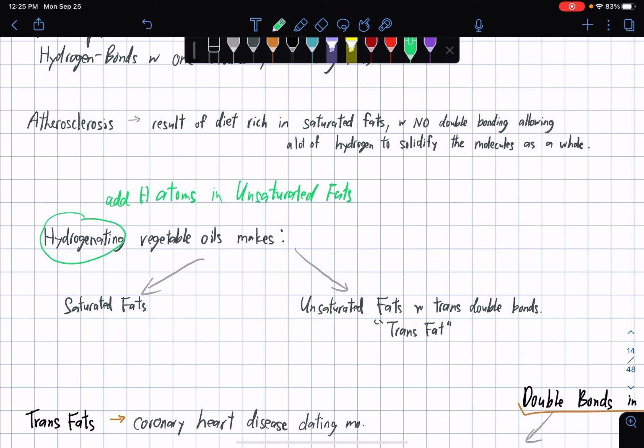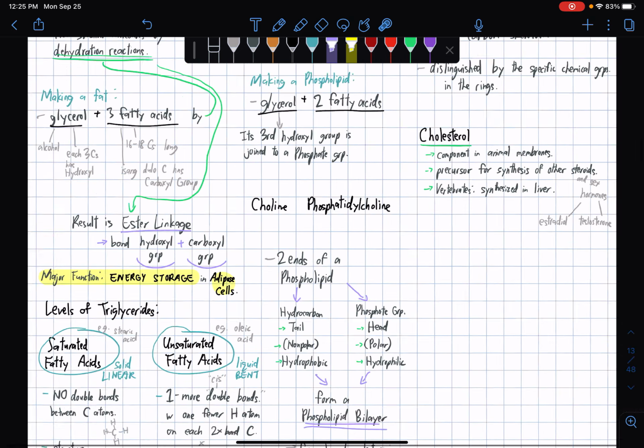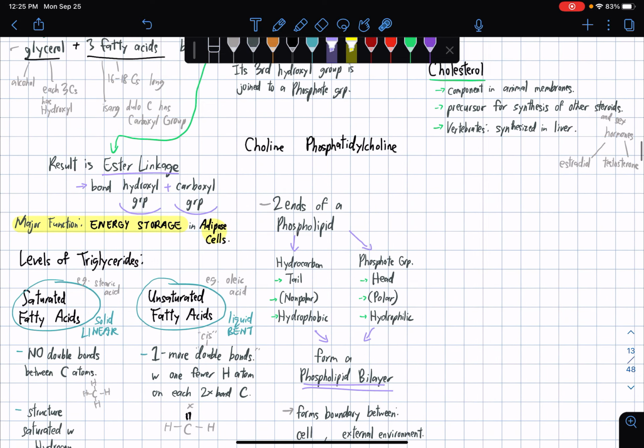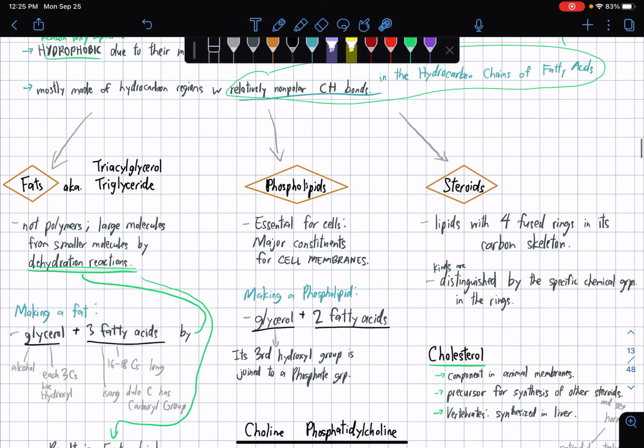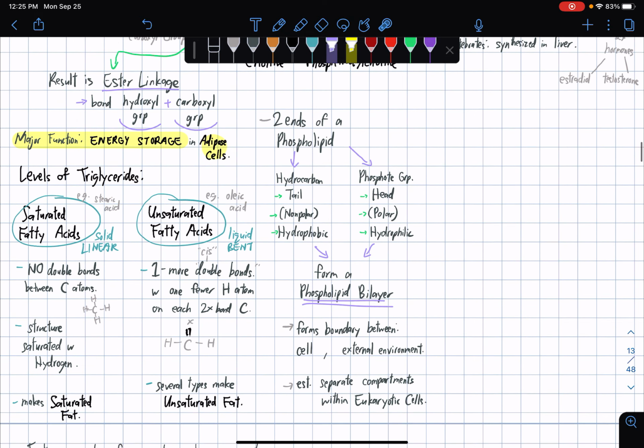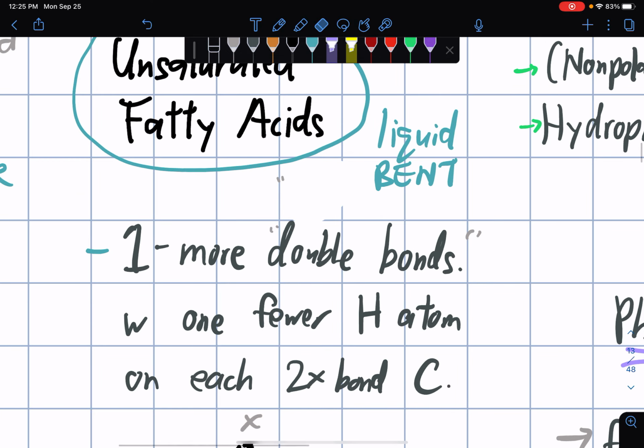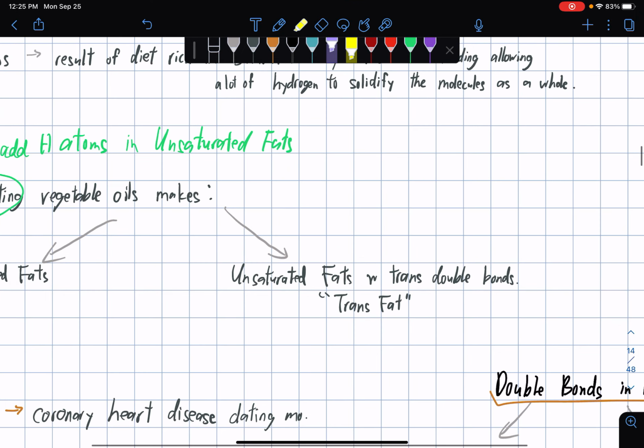So what used to be a healthy kind of oil, because it's already hydrogenated, becomes unsaturated, but this time, instead of having cis double bonds, it is unhealthy because now it has trans double bonds.